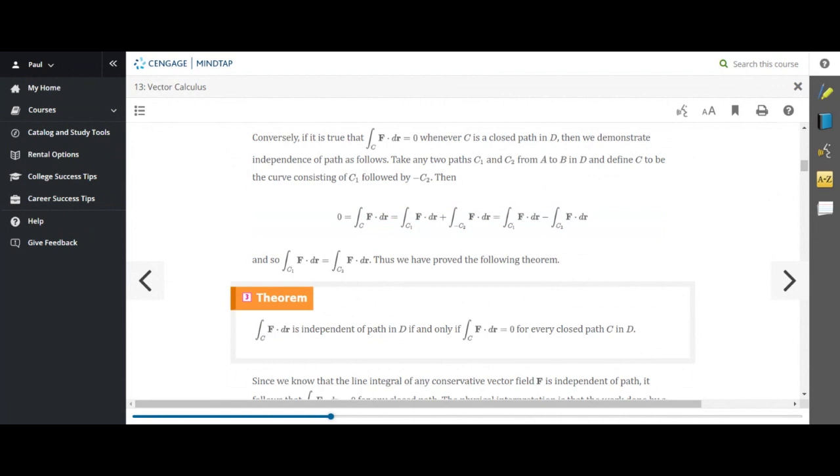Right. But let's just talk about the key thing at hand here for now.